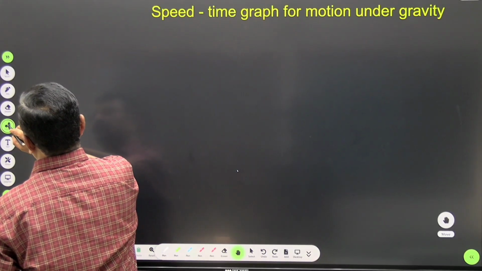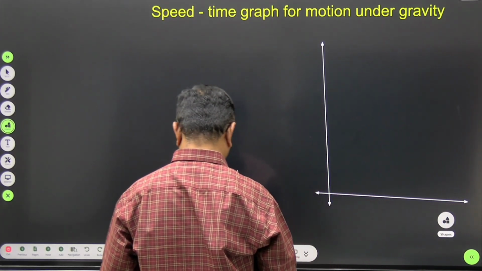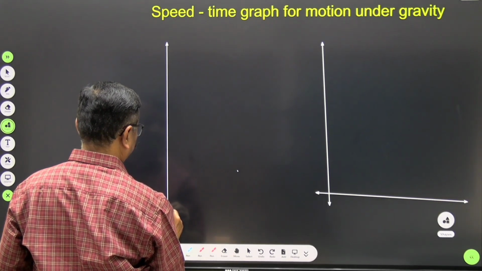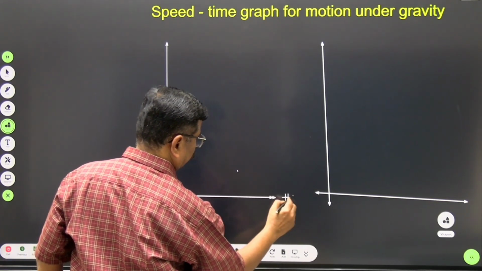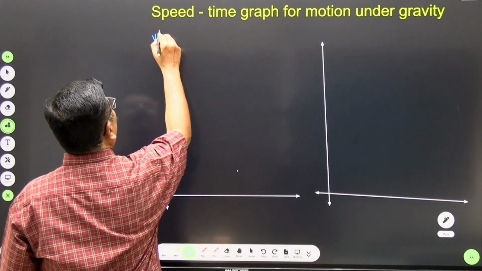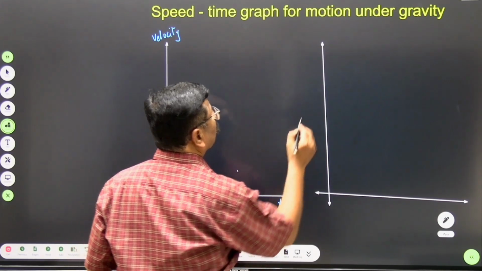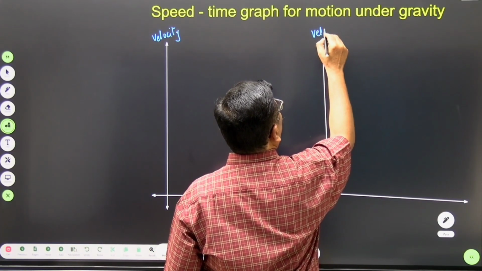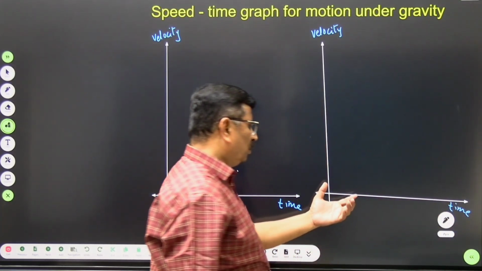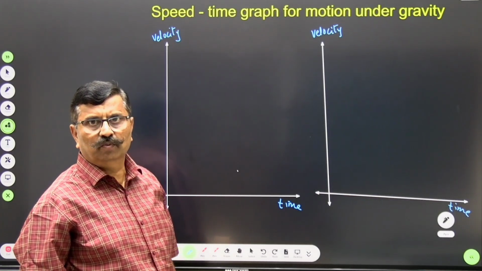So as usual, time is plotted along x-axis in both cases, while velocity is plotted along y-axis in both cases.